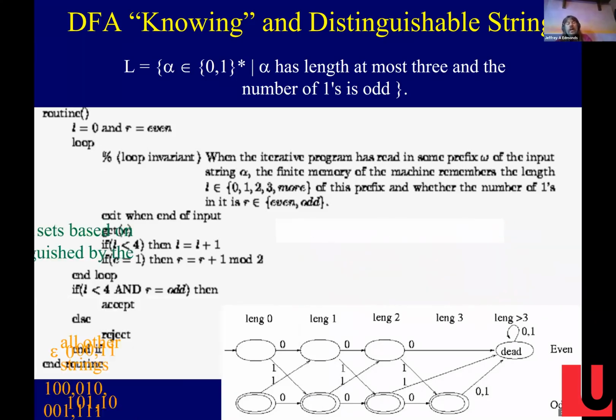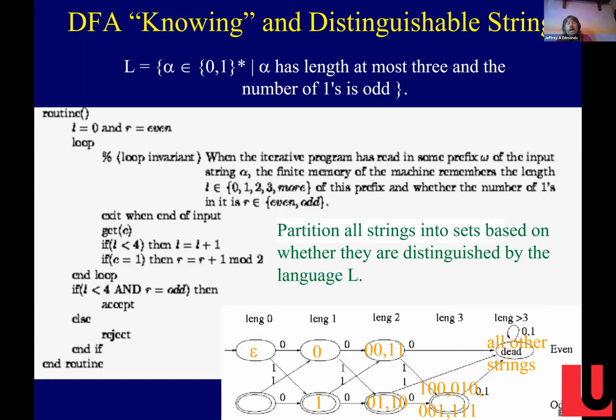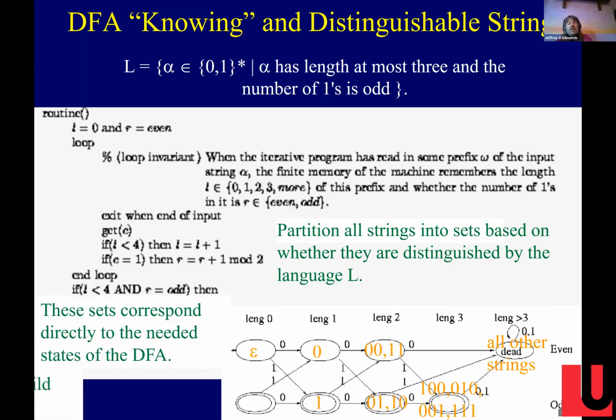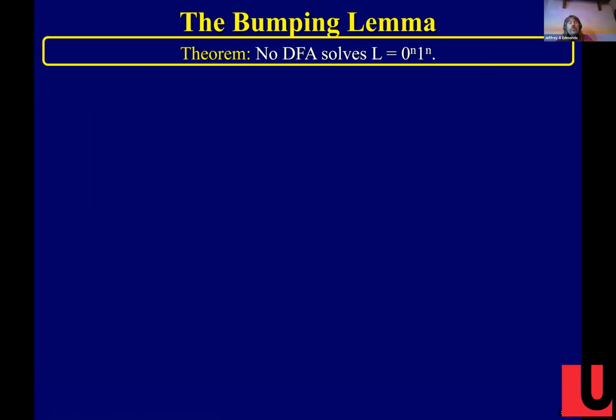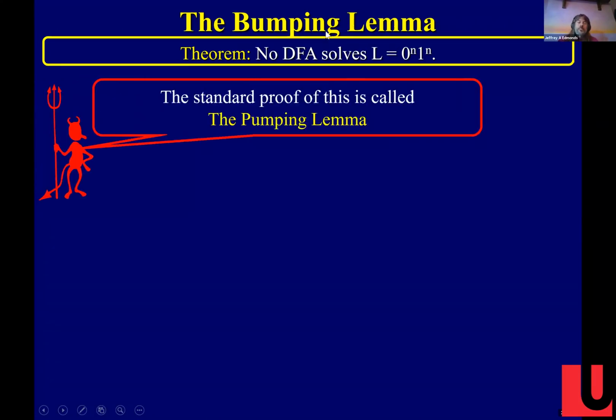All right, so anyway, let's go on to what we're doing here. So the standard proof to prove that this language can't be done by a DFA is called the pumping lemma.